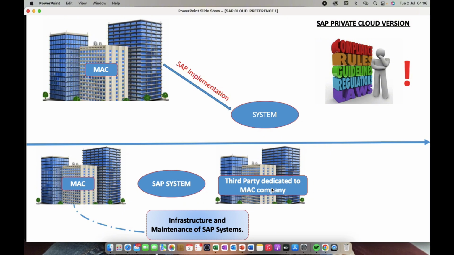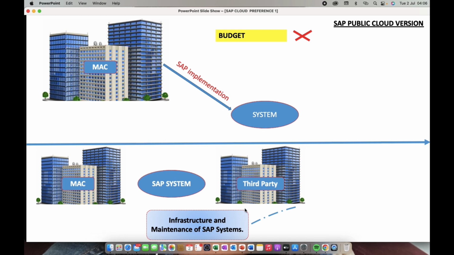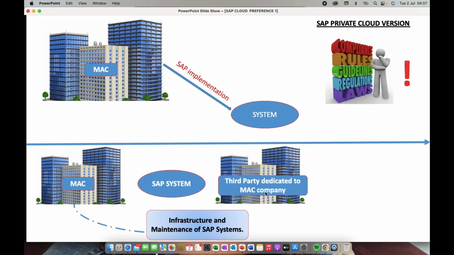But this time around, this third party will be dedicated just to Mac company. Unlike the earlier one, that third party is not dedicated to Mac. There are a lot of companies using that third party, which is why we talked about data security. Having privacy for our information is impossible there.